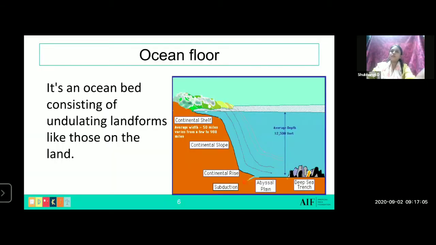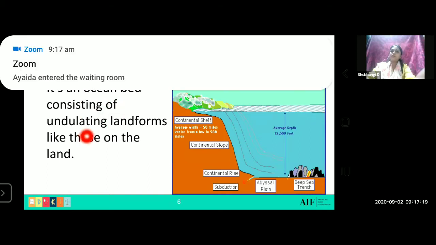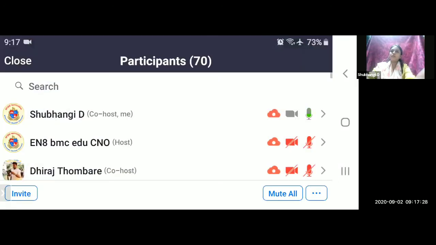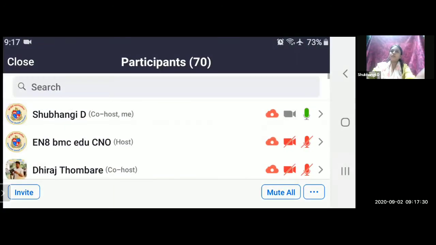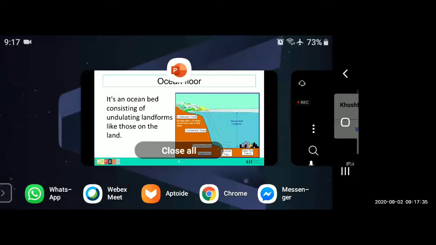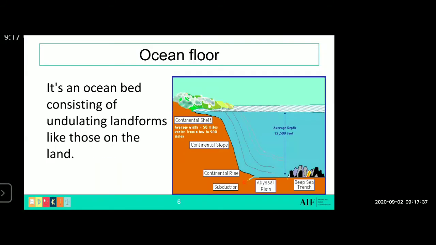Now, this is the ocean floor. You can see the picture over here. These are the landforms which are beneath the ocean. The ocean floor is an ocean bed consisting of submerged landforms like those on the land. What does submerged mean?